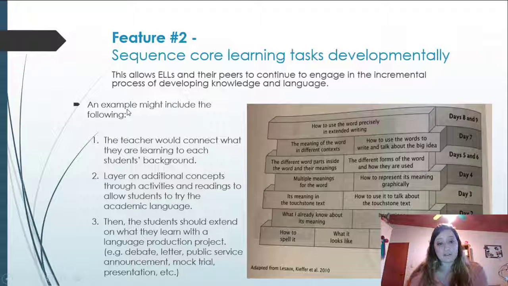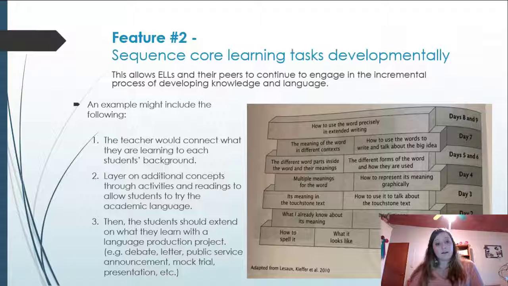An example I took from the text was that a teacher would first connect what the class is learning to the students' background, so something to get them to understand what they're learning or how to incorporate it. And then second, layer on additional concepts through activities and readings. This will allow students to use the academic language and get more familiar with it, to understand what it means.